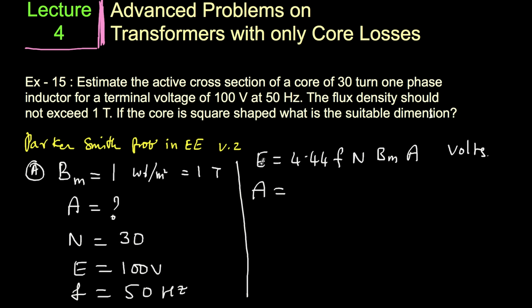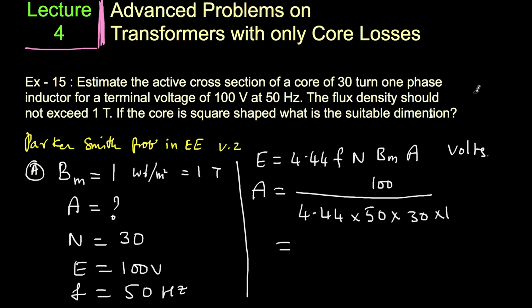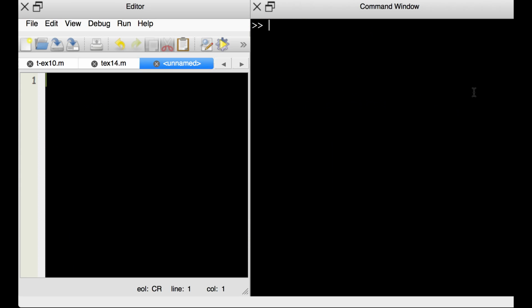So A will be E, and E is 100 volts given here. So 100 divided by 4.44 into frequency 50, number of turns 30, and B maximum 1. Let's use our calculator to calculate this.